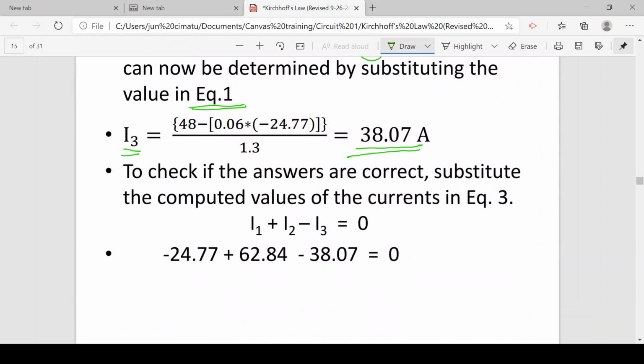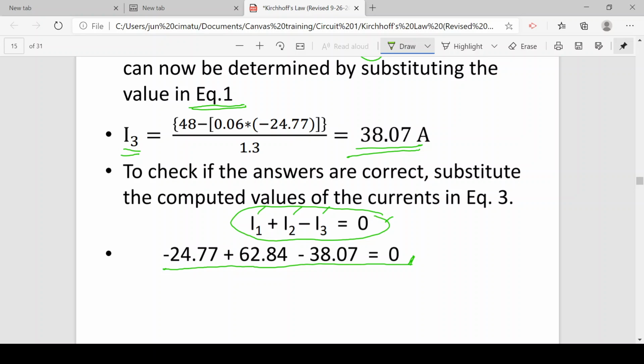Then we need to check your answer. Always check using the third equation, which involves I sub 1, I sub 2, and I sub 3. When the values satisfy the equation, which is the current law, then your calculated values are all correct.